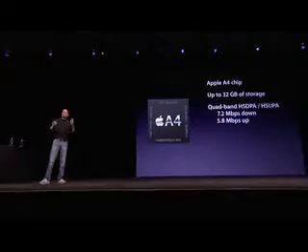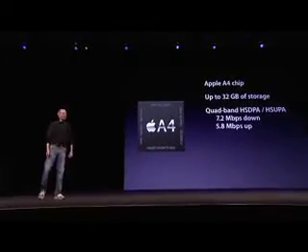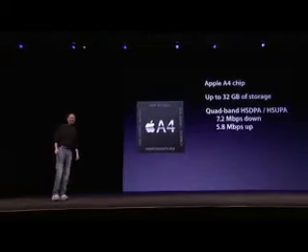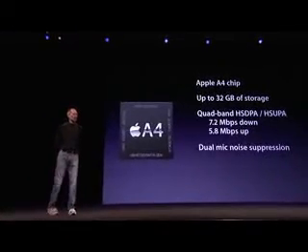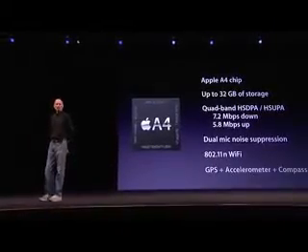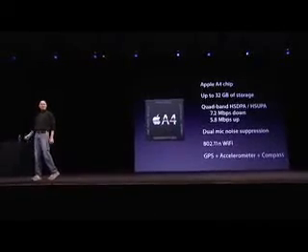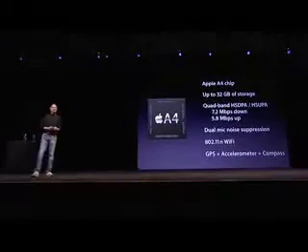That's theoretical because the carriers don't support that yet, but as they do, we'll welcome it. And dual mics for noise cancellation, 802.11n Wi-Fi, and of course GPS plus accelerometer plus compass. So we've got some great hardware in the iPhone 4, in the A4 chip.